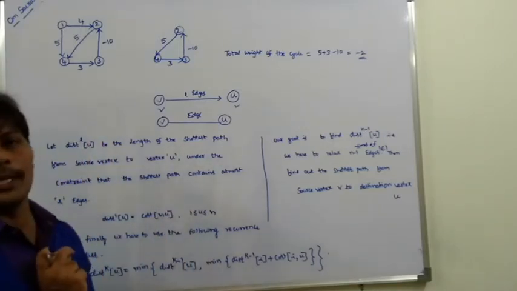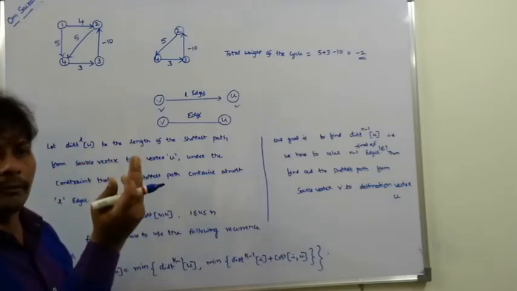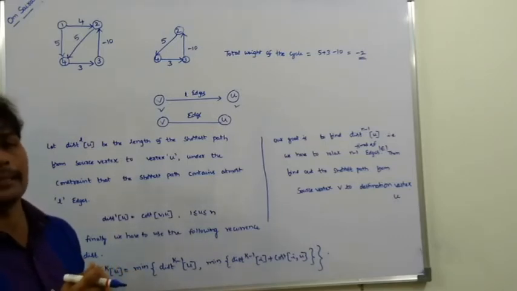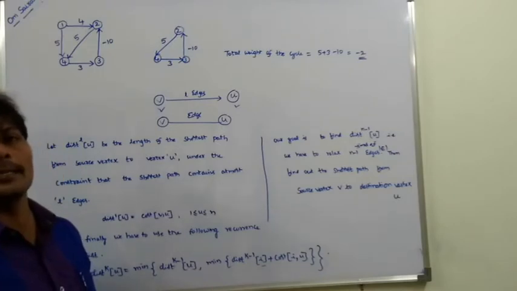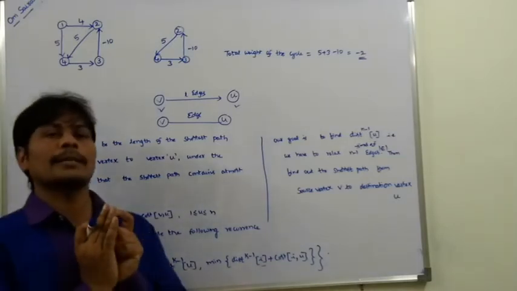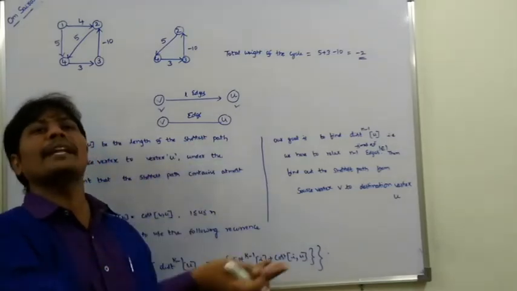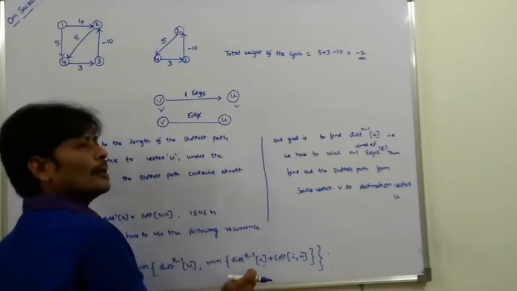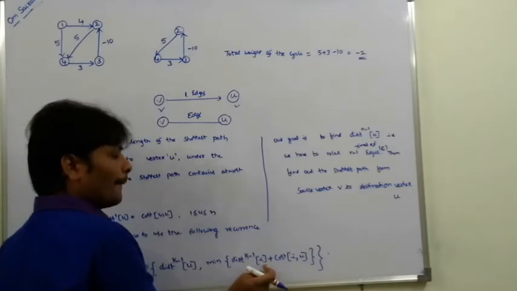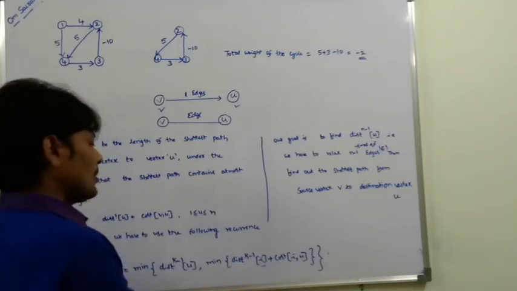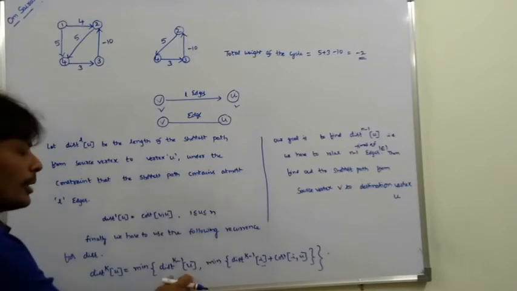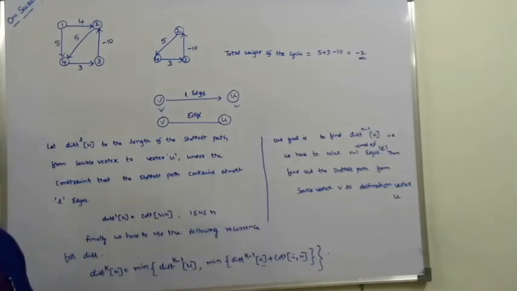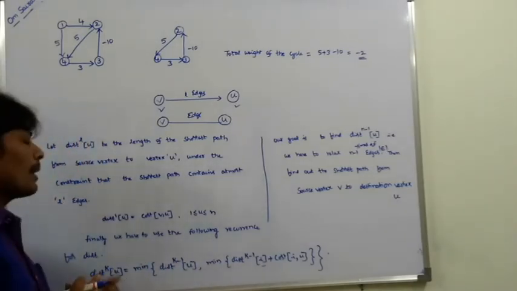Here U is the destination vertex. One edge before the destination vertex U, whatever vertex is there can be treated as I. Suppose we take the vertex I, the next immediate vertex is U. So the minimum of dist K minus 1 of I, the distance from the source vertex V to vertex I, plus cost of I comma U. We find these values, and among them, whichever is the minimum is the distance from the source vertex to the destination vertex U, with at most K number of edges between them.